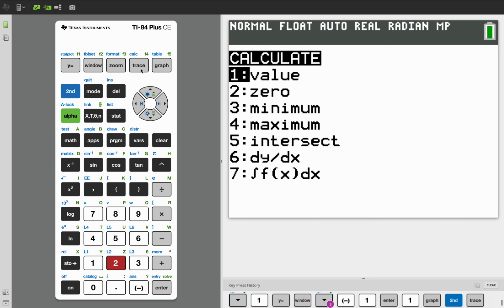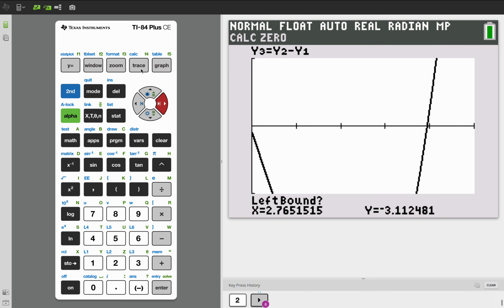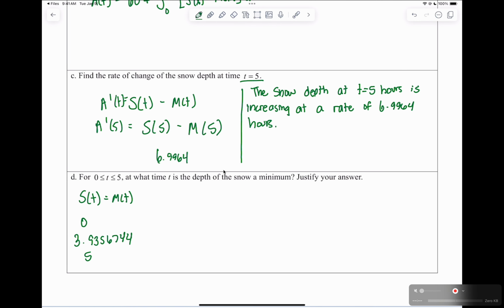Let's find that 0. There's my left bound, and here's my right bound. So you can see that I have a 0 at 3.935674.